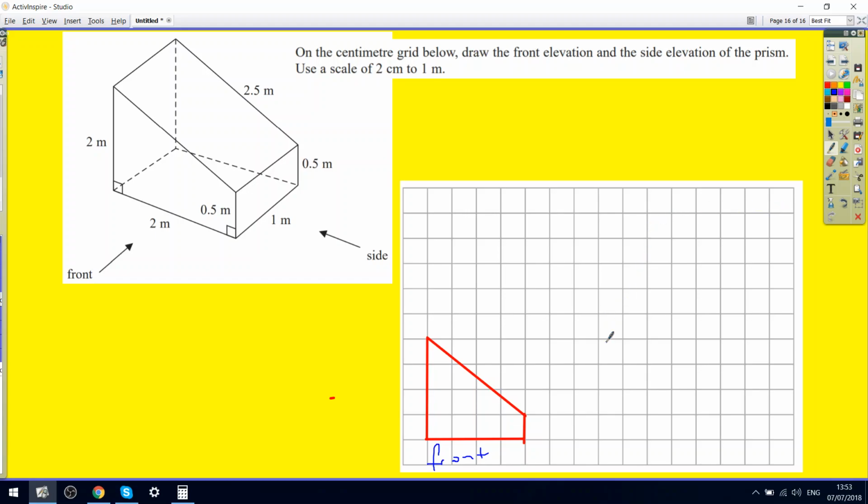Let's now do the top. It's called a plan. The top, so 2.5 meters, so 3 centimeters. No. Wait, 1 meter is 2 centimeters. So 1.5. No.